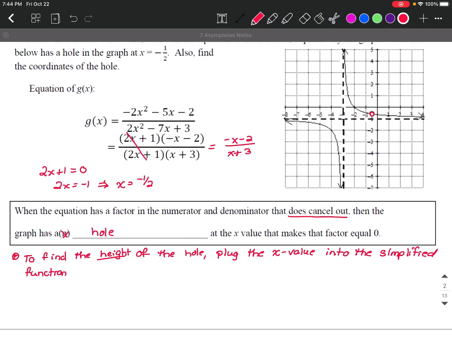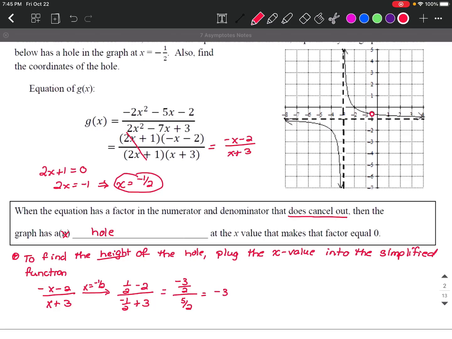So we're going to take this -x minus 2 over x plus 3, and let x be, where did we say the hole was? At x equals -1/2. So the negation of -1/2 is +1/2, minus 2, over -1/2 plus 3. Now 1/2 minus 2 is -3/2, over -1/2 plus 3, which is 5/2.